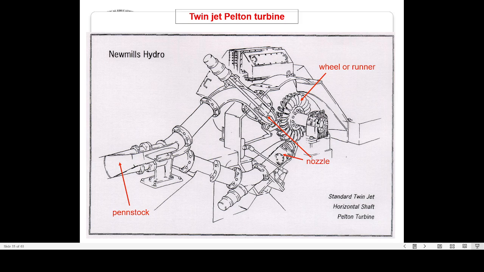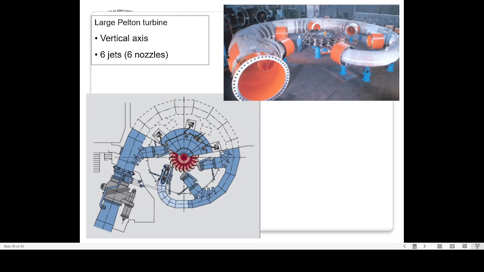Not only 2 jets may be used, it may be possible that multiple jets can be used for large Pelton turbines having a vertical axis. So this is the top view that we can see, and there are 6 jets, or 6 nozzles. Okay, this is nozzle number 1, 2, 3, 4, 5 and 6.